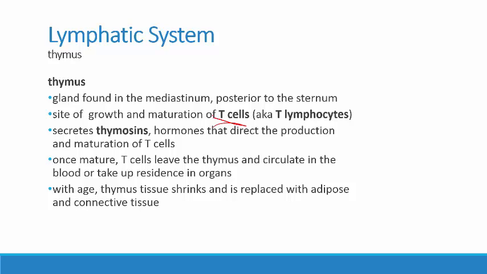With age, though, the thymus tissue shrinks and it's replaced with adipose and connective tissue, so that by the time a person reaches about 70 years of age, it is only 1/10 the size that it was in the early teen years.